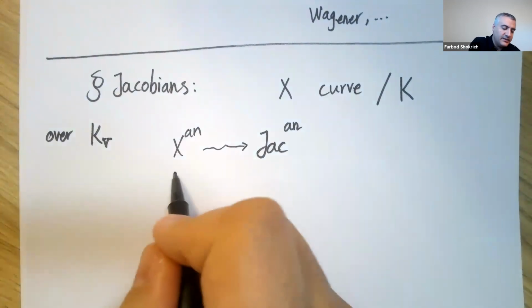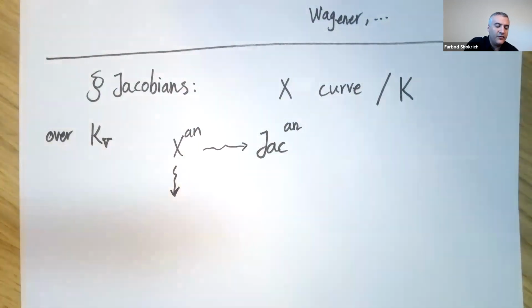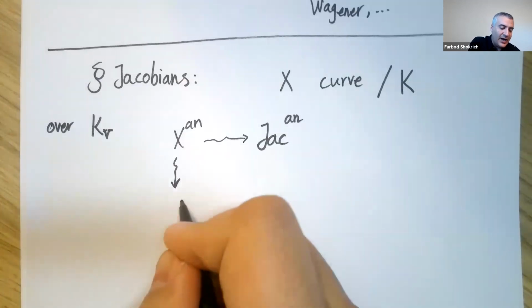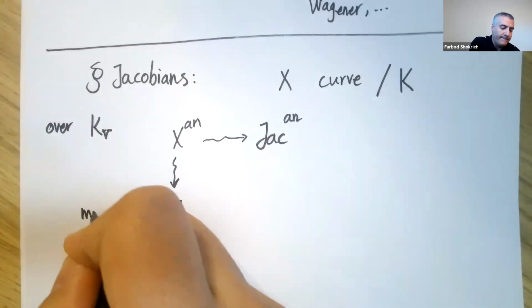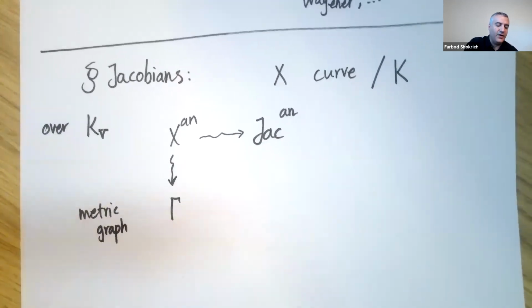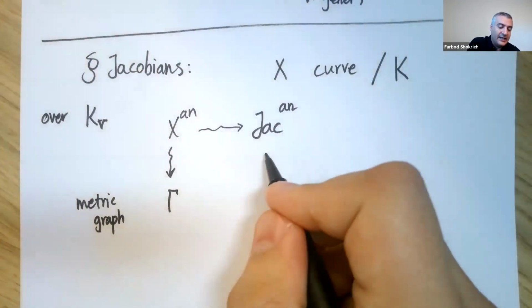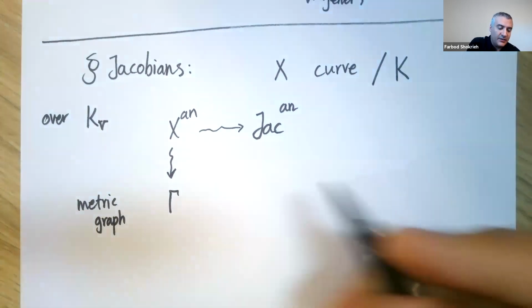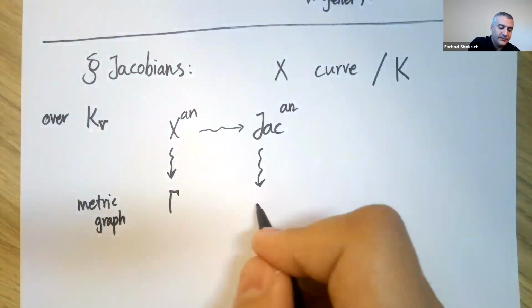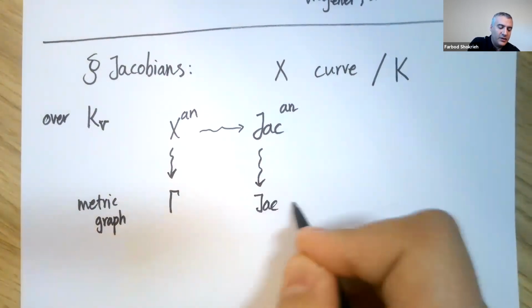But it turns out in Berkovich's world, a curve has a skeleton, which is a metric graph. And abelian varieties in general, and in particular Jacobians, also have a skeleton, which is a real torus. I'm going to call it Jacobian of gamma.